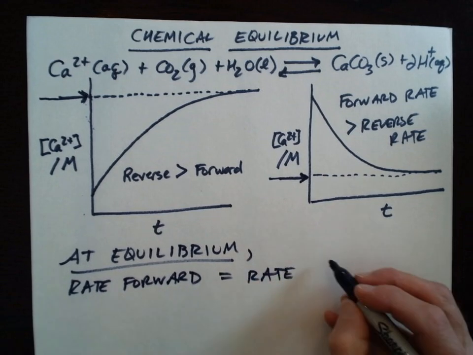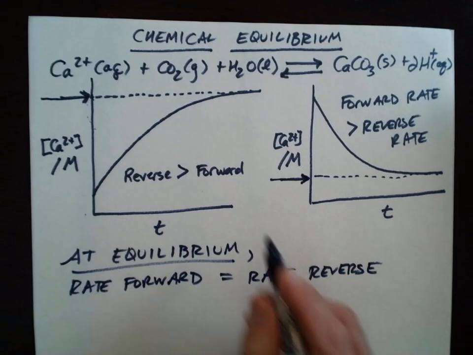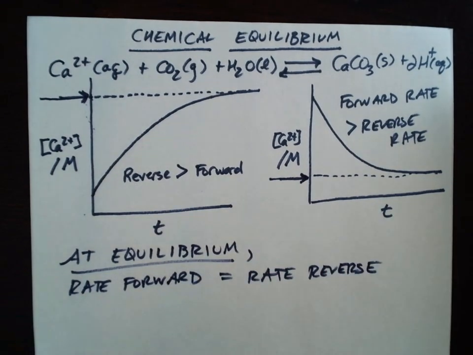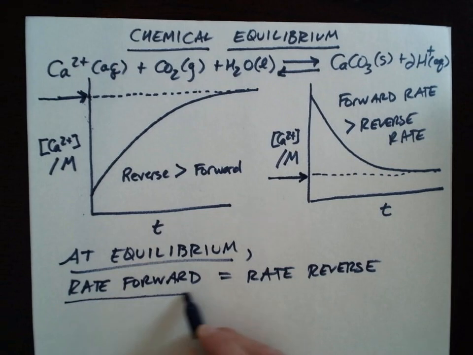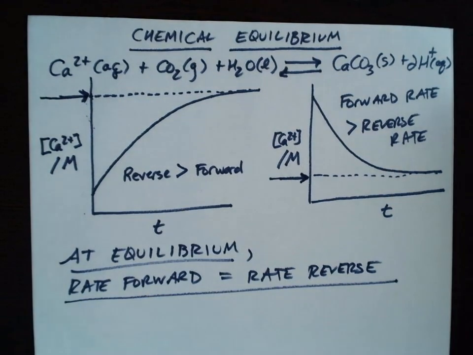You can't have one of these being faster than the other, because if so, you'd have the buildup of something and the decay of other things. So this is a key point with equilibrium. At equilibrium, we know the rate of the forward reaction equals the rate of the reverse reaction, and therefore at equilibrium, the concentrations of everything level off.